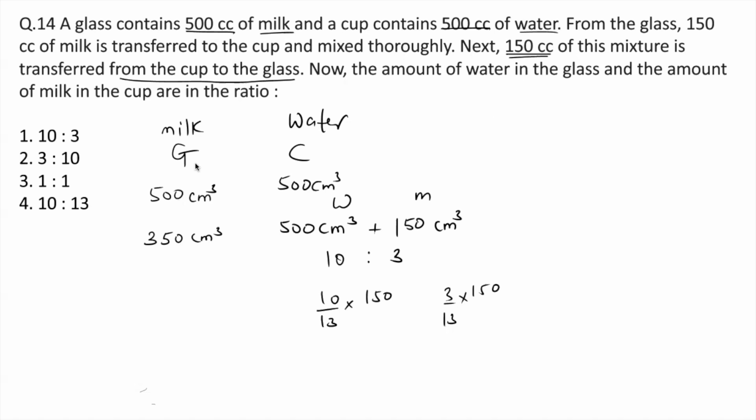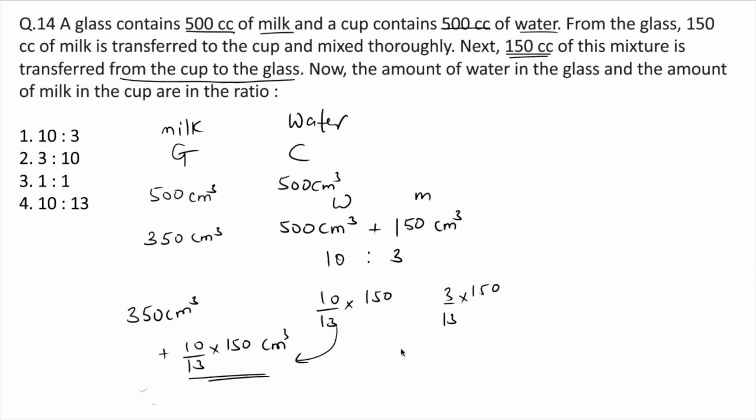So in the glass now, we have 350 cubic centimeters of milk and 10 by 13 into 150 cubic centimeters of water. It is going to the glass now. And the amount of milk in the cup will be nothing but 150 minus 3 by 13th of 150.